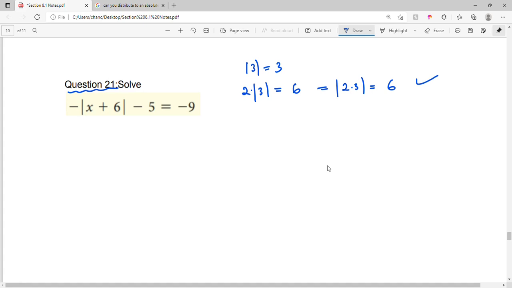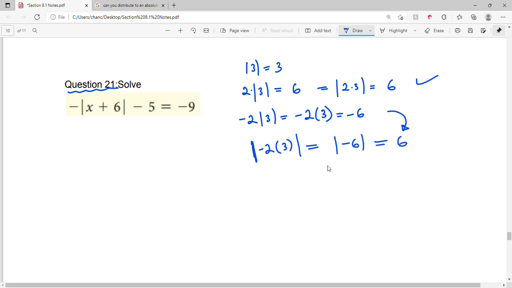If I consider, however, negative 2 times the absolute value of 3, I should take the absolute value first, which is 3. So negative 2 times 3 gives me negative 6. So negative 2 times the absolute value of 3 is negative 6. If I were to make the mistake of trying to distribute that and say that's equivalent to the absolute value of negative 2 times 3, that would be equal to the absolute value of negative 6, and that is equal to 6.